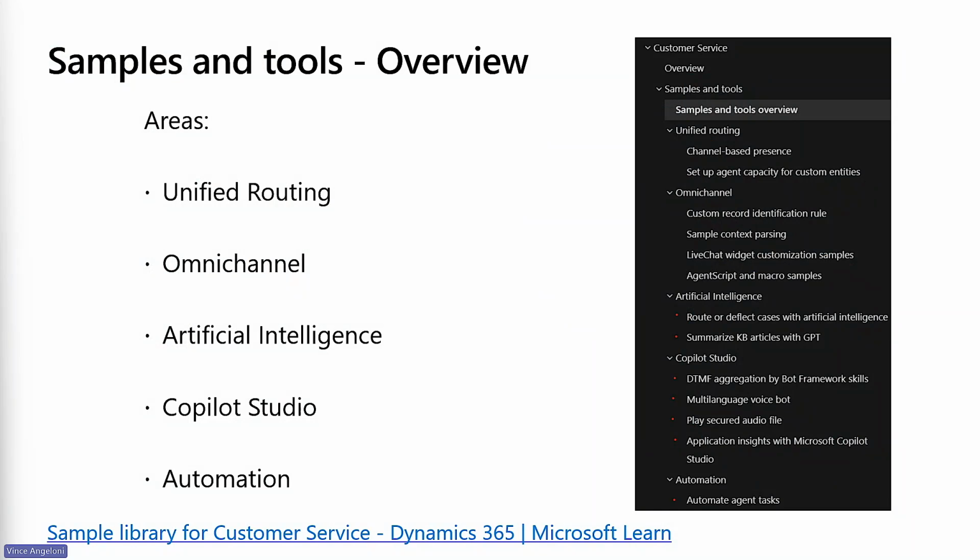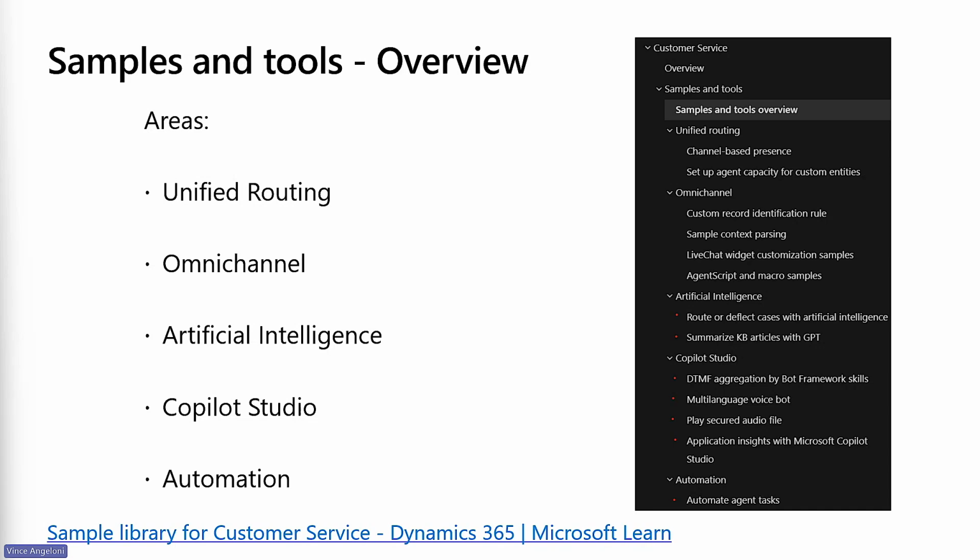This collection of sample code components, solutions, and documents has been created to help customer service projects with various tasks, like, for example, customization, configuration, and operation of the platform. The goal of the library is to offer reusable, easy-to-follow resources for customer service developers and users.